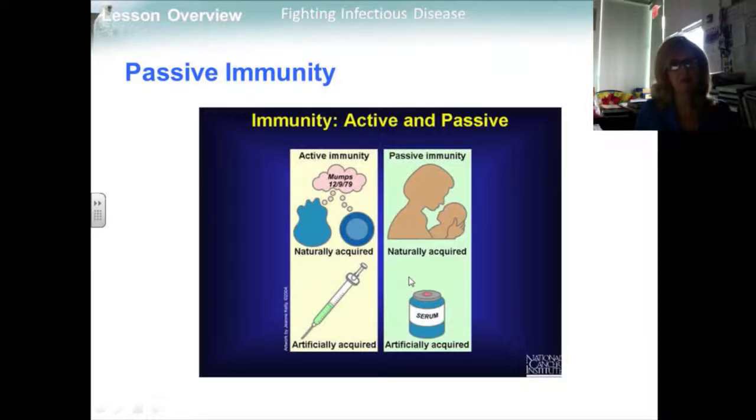Natural passive immunity occurs when antibodies are passed from a pregnant woman to her fetus, like across the placenta, or to an infant through breast milk. For some diseases, antibodies from humans or animals can be injected into an individual. For example, people who have been bitten by rabid animals are injected with antibodies for rabies virus.